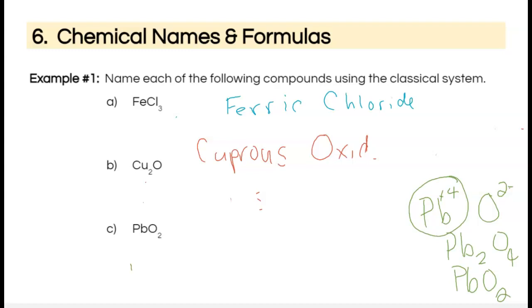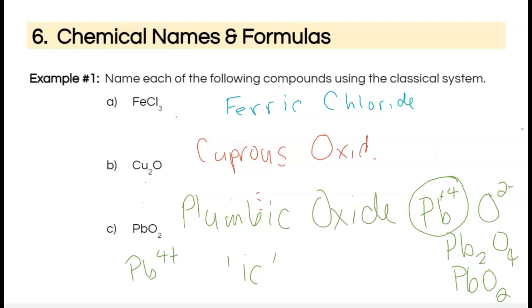Okay, so because in this compound I have lead with a 4+ charge, that means the compound's going to get an ic ending. So this would be plumbic oxide. And I'm done.